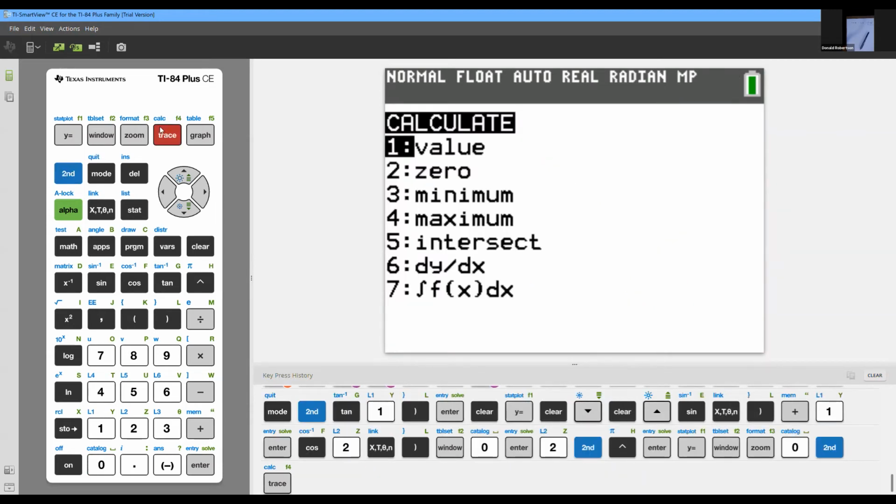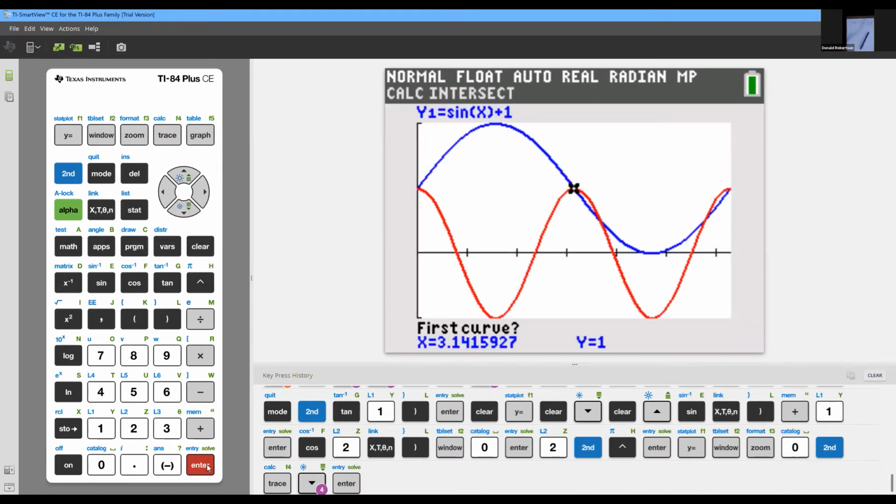So second calc. The menu choice is number 5. And now it's going to ask for first curve. Right, as I move my little cursor around, can you see I'm on the blue sine x plus 1 curve? And it's asking me for the first curve, so I'm going to say, yeah, that is the first curve. Now we're now on the red cosine 2x guy.